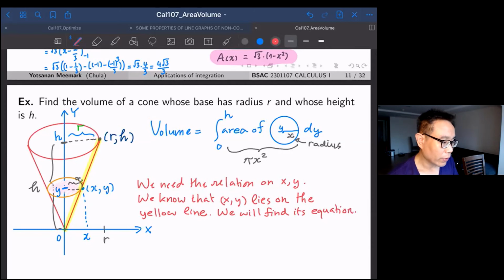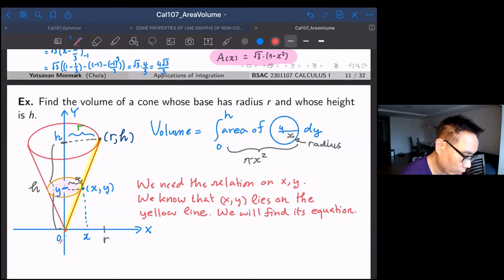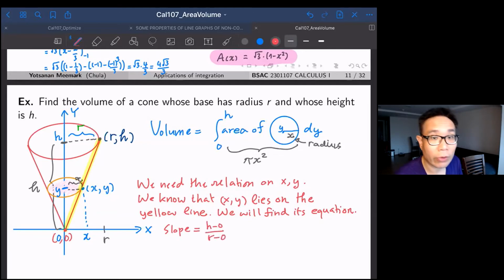In order to find the equation of the yellow line, you see that this yellow line passes through the origin, which is (0, 0), and you have the point (r, h) here. So you're going to find the slope, which is (h minus 0) over (r minus 0).